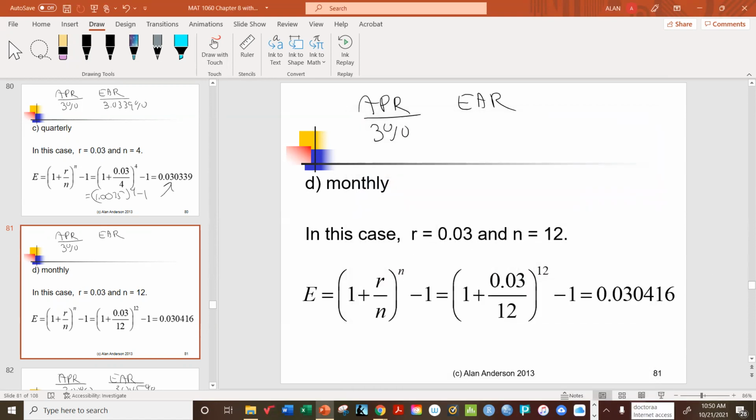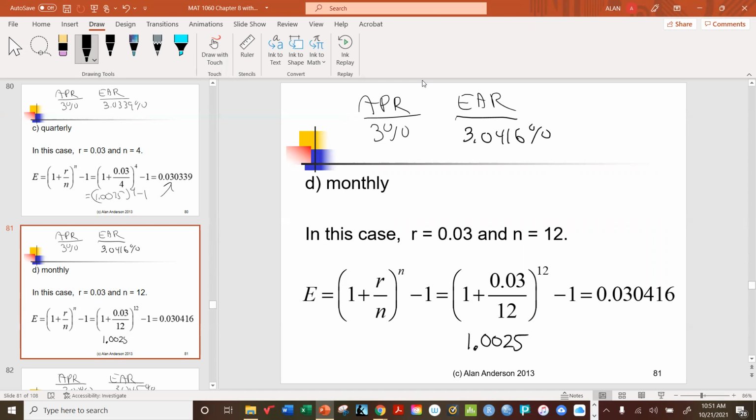Okay, so it did go up a little bit more, although again, not a whole lot. And here, what you actually have is 1 point. Now, 3% divided by 12 is 0.0025. So this expression is actually 1.0025 to the 12th power minus 1. And that's where this comes from.